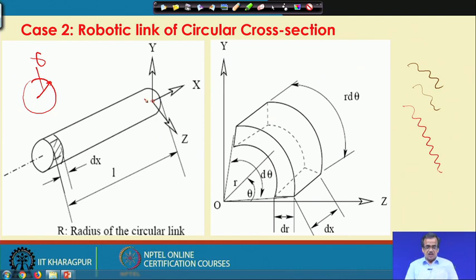Now, let us concentrate on this small element. This is r, and this included angle is d theta.